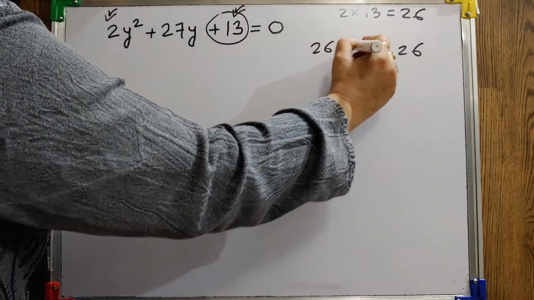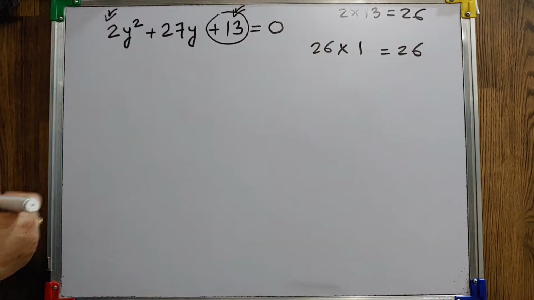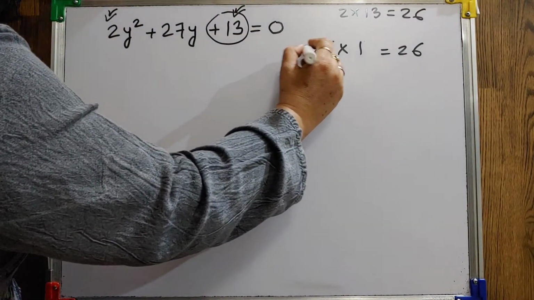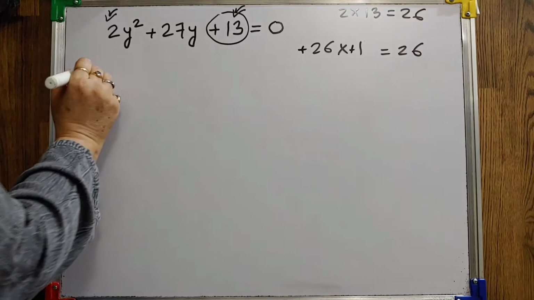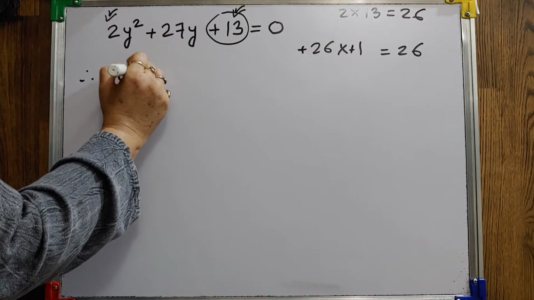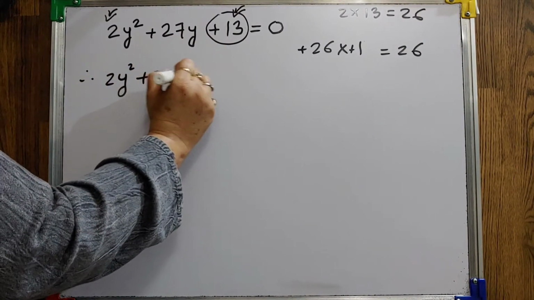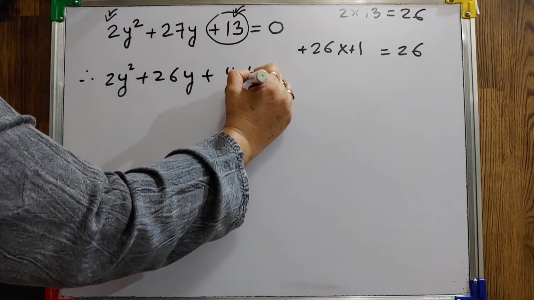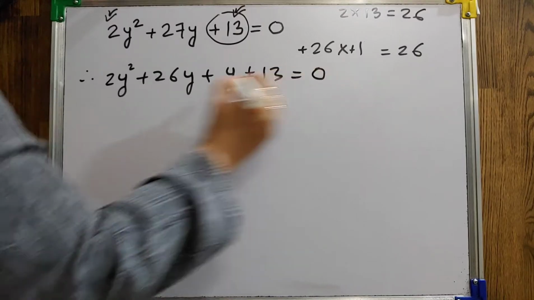So I can take 26 ones are 26, plus 1 is 27. Then look at this sign, so both will be positive. So instead of 27y, we can write 26y plus y.